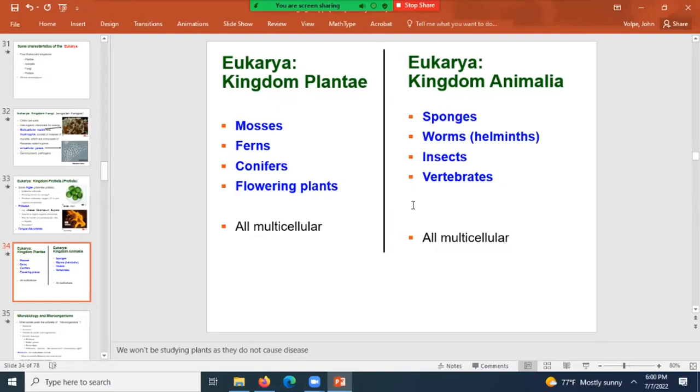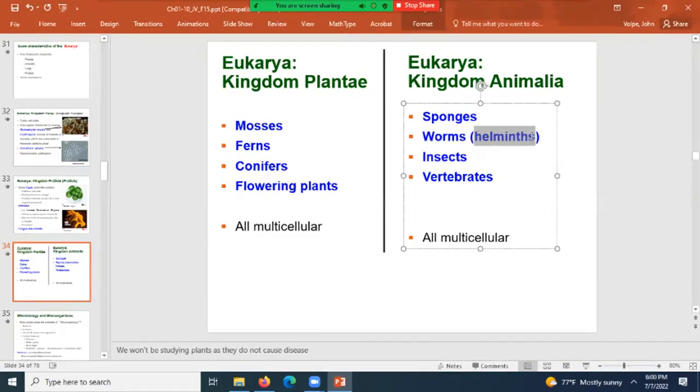Of the kingdom animal, we can separate them into the sponges, the worms, the scientific name being helminth, the insects, and then the vertebrates. All of the animals are also multicellular. So none of the animals are microbes.